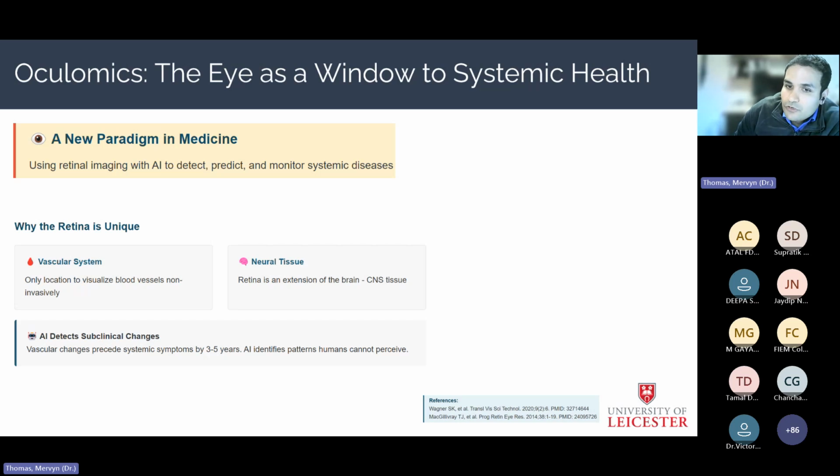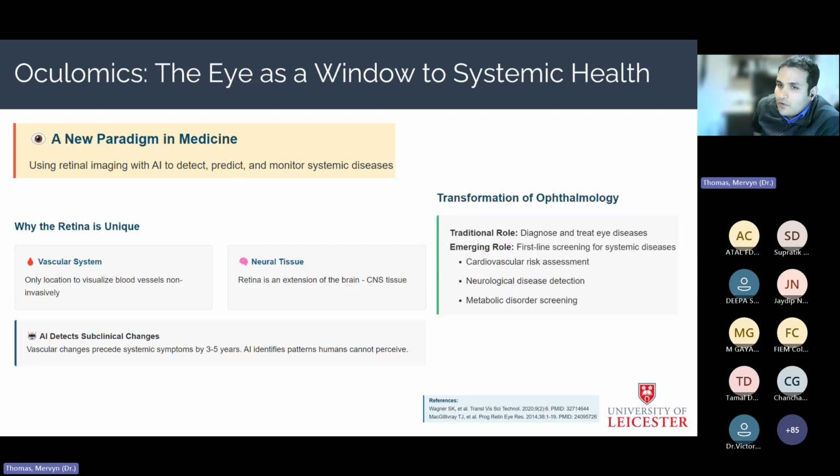We can also visualize neural tissue, which is the retina, an extension of the brain, in completely non-invasive ways. And what AI does is actually detect some of these changes before those systemic symptoms even come about, potentially 3 to 5 years before. And the AI is able to identify patterns humans can't perceive.